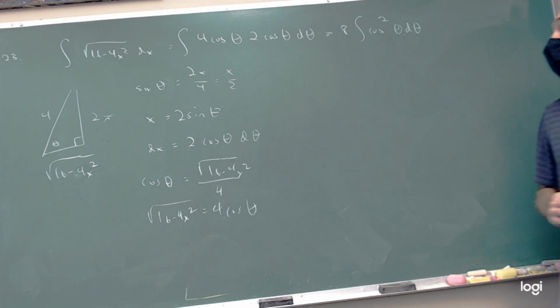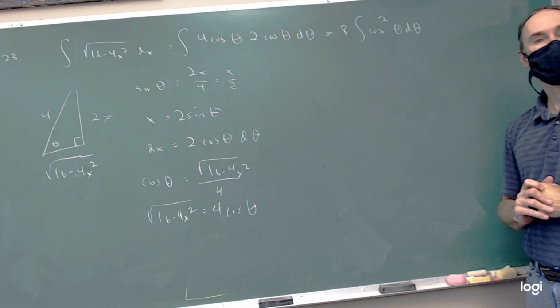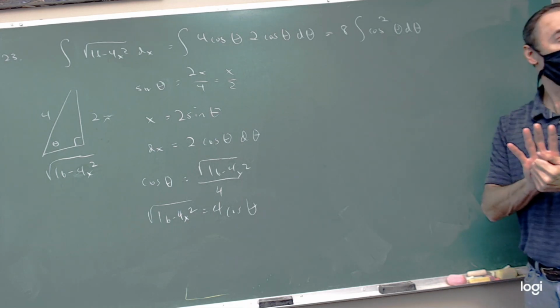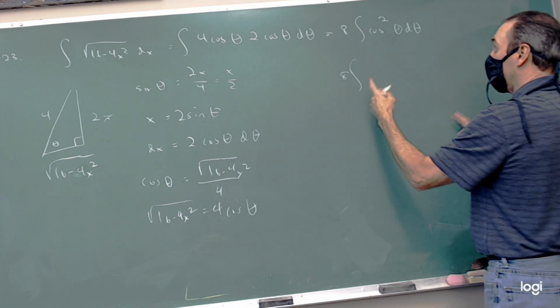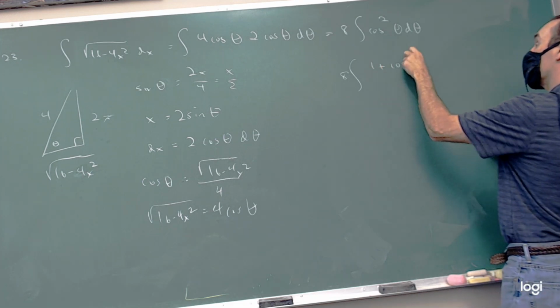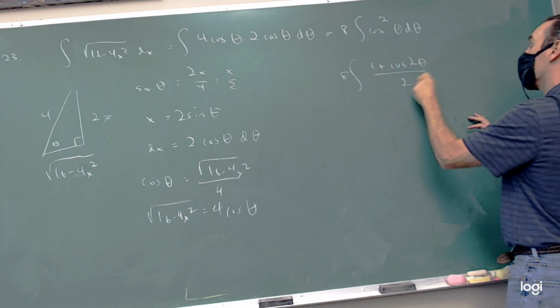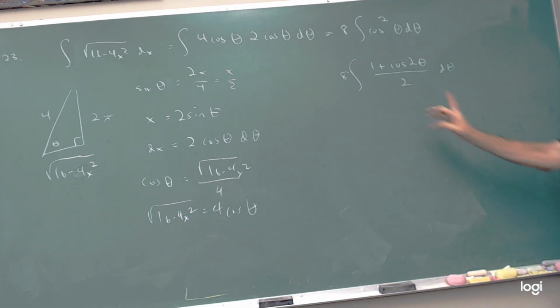Okay, so I think we have to do a power reducing formula here, and that's on your sheet. It says that cosine squared theta can be replaced by 1 plus cosine 2 theta all over 2, d theta. Is that okay? I keep forgetting about that.